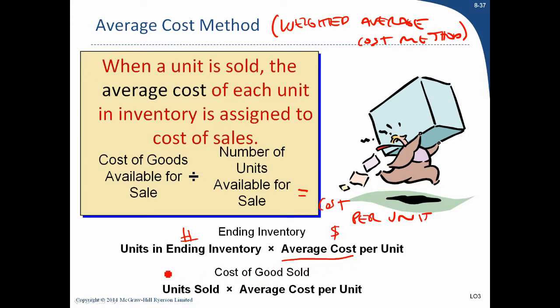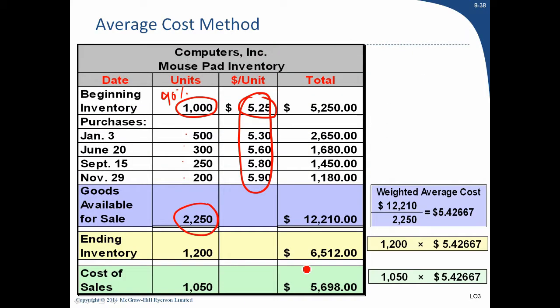Your cost of goods sold is just the units you sold times the same average cost. So let's see how that looks in practice. With the weighted average cost, you spent $12,210 to buy 2250 units of copper. Each unit of copper cost you 5.43.